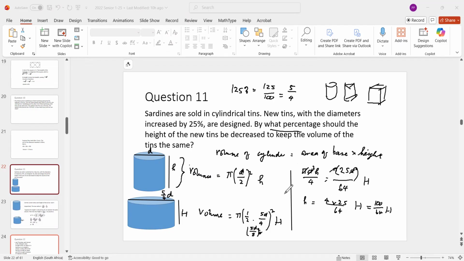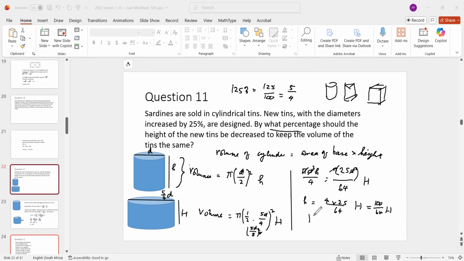Oh, what happened here? Sorry, this h here should have been smaller than h, but this is bigger. Oh, okay. You have to increase this.